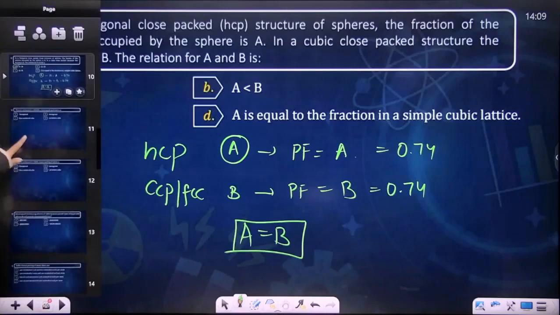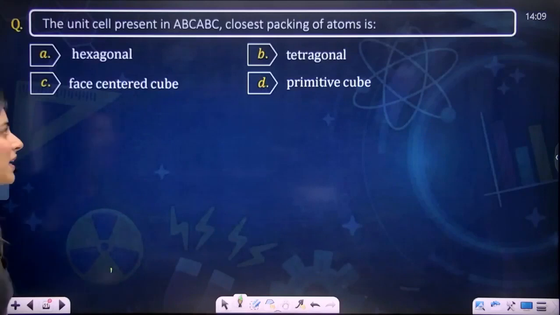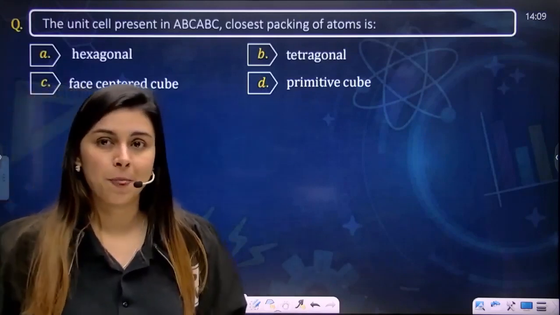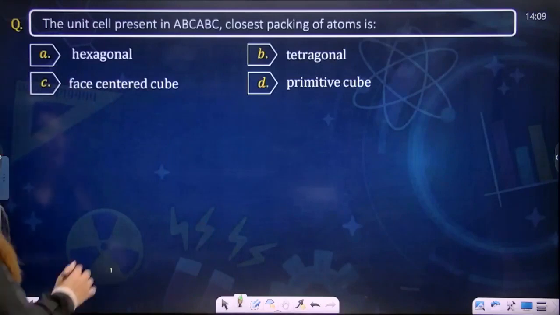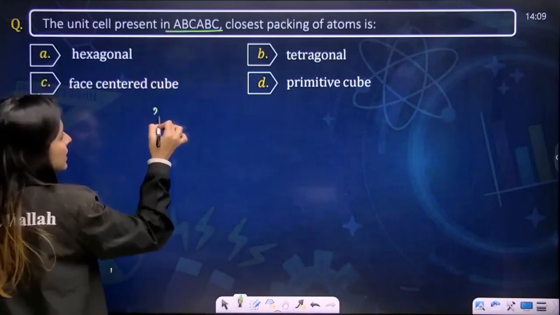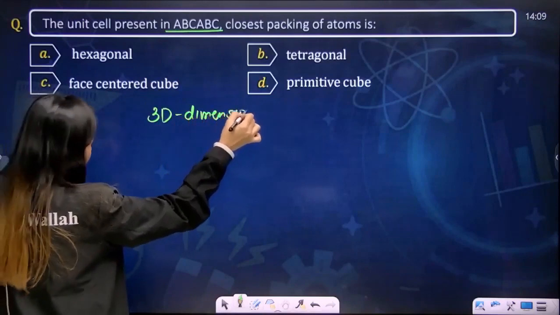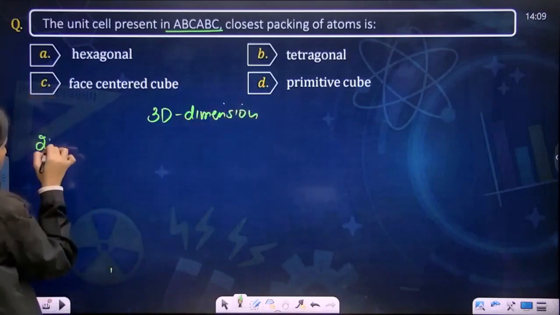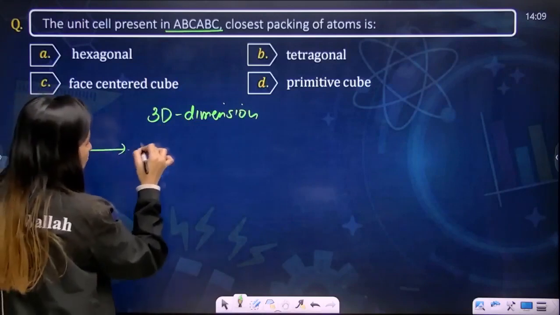Let's move forward to the next question. The next question is on your screen. Try to solve this question. The question says that the unit cell present in ABC closest packing of atoms is. A very easy question. If I see ABC layering, this means that I am talking about the three-dimensional layering, which I came from the two-dimensional HCP lattice, and I got two types of layering.